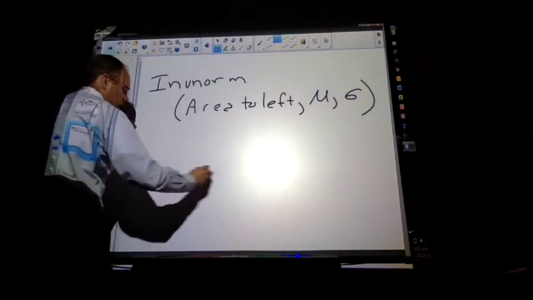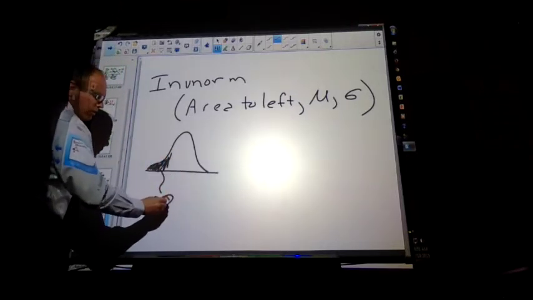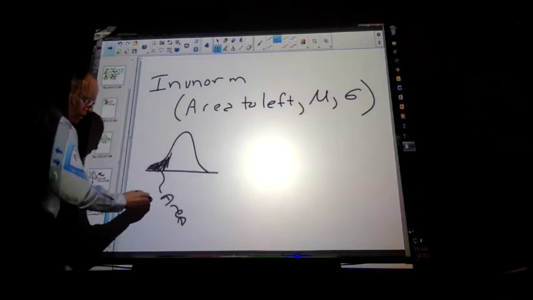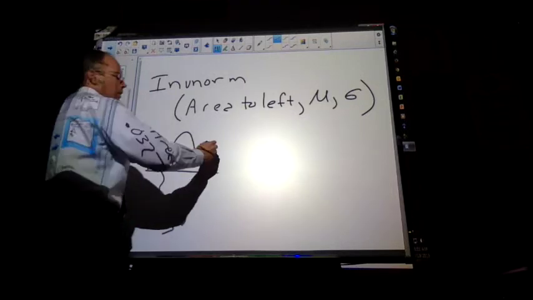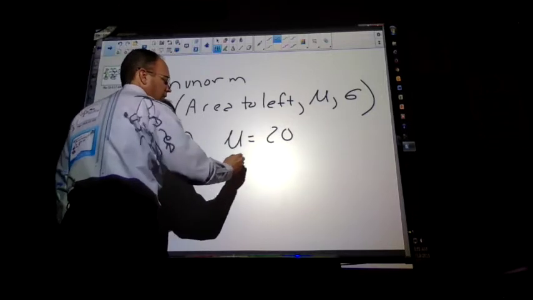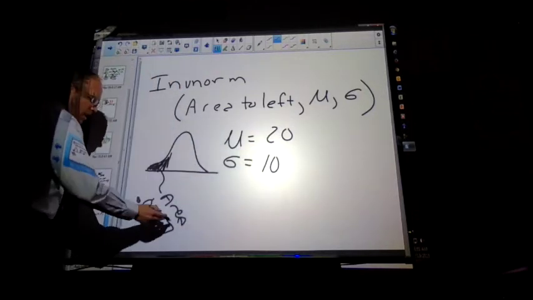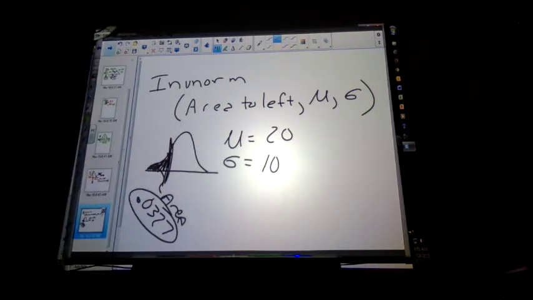So if you already knew what this area is, like 0.0327, and let's say we knew that the average was 20, and the standard deviation is 10. What value gave me this? This is the same thing we had worked on. Go back to the z-table, find as close as you can to 0.037, plug it into your z-score, work backwards, or you can do the INV norm.